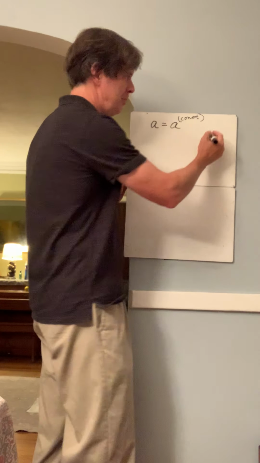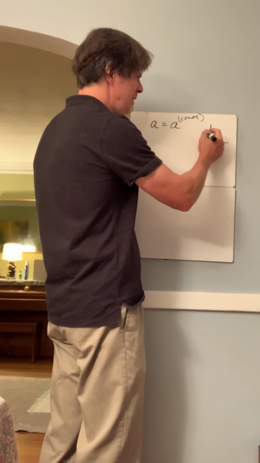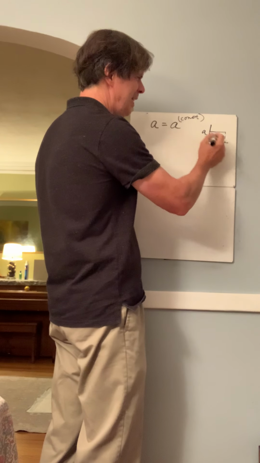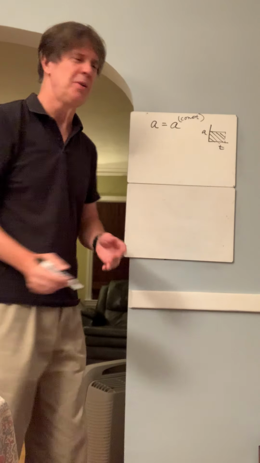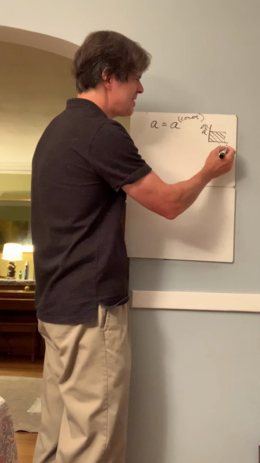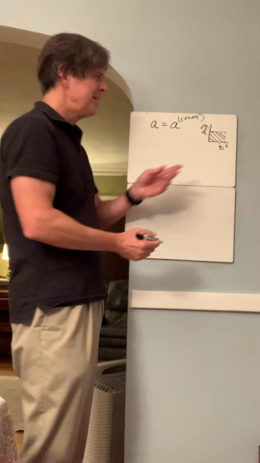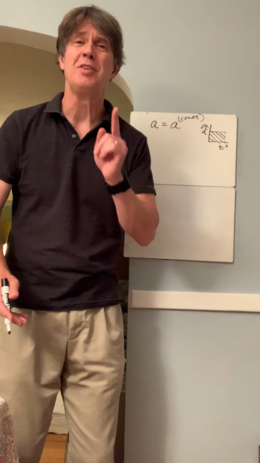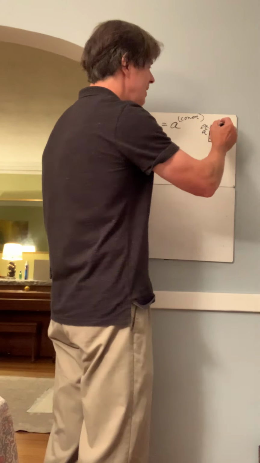Now maybe you know that if you had an a versus t graph and you found an area under it, just look at the units. The units will do the trick for you. If this is meters per second squared, and this is seconds, and you multiply them, so one of the seconds cancels out, you get some meters per second. You get delta v. The area of this thing is delta v.